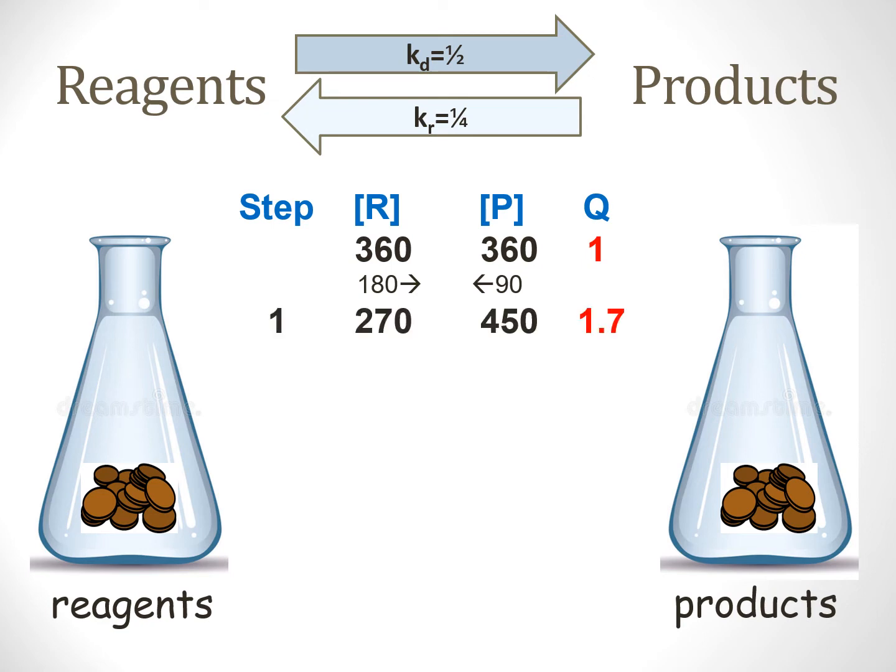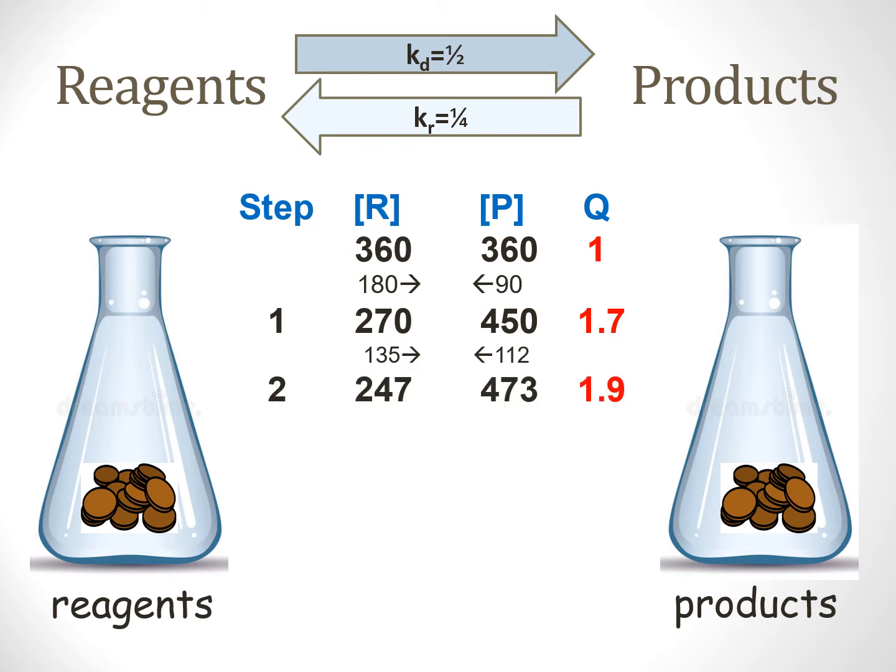So in this case, if the amount is the same on both sides, the reaction quotient is 1. So we are going to have a net movement of 90 coins to the right. We see that the number of coins on the R side is going down, the number of coins on the P side is going up, and the quotient is increasing from 1 to 1.7.